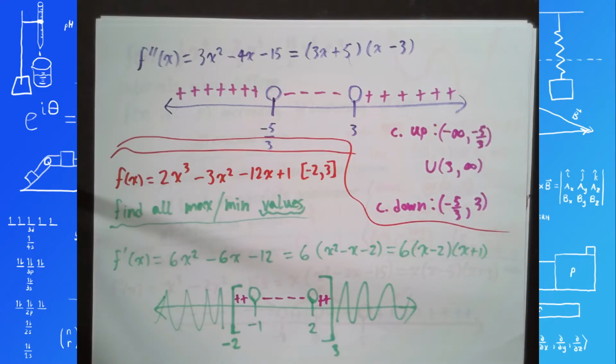I mean, we'd have to make that comparison anyway for finding the absolutes, but for finding local maximum and minimum values, you don't actually have to do that.